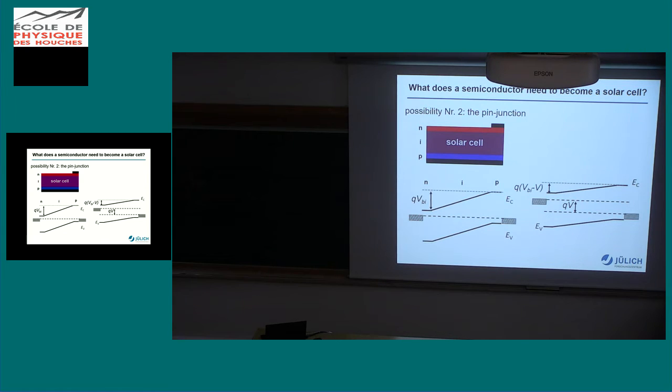Question, I do not wait for 3 minutes, maybe somebody is faster. What does this mean for an electron and for a hole here if we have this reduction of the built-in field by a bias?